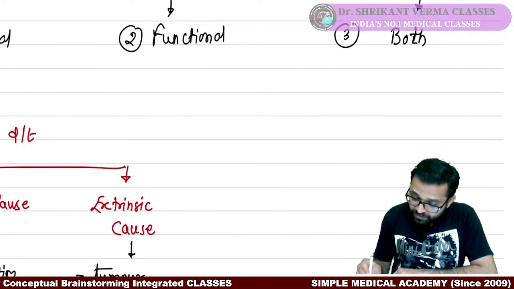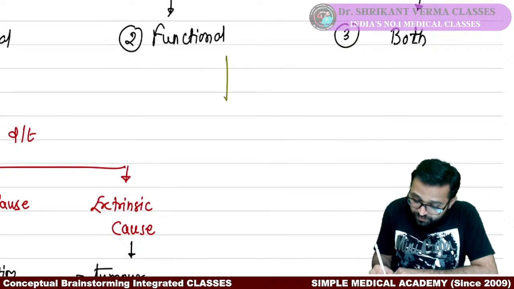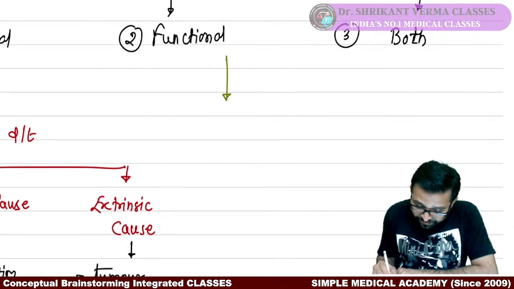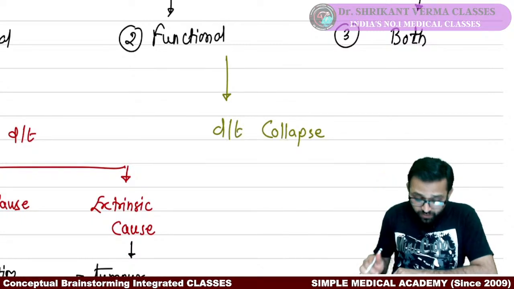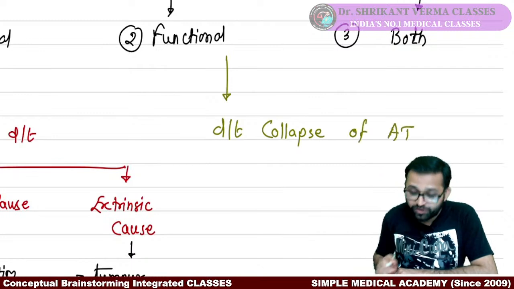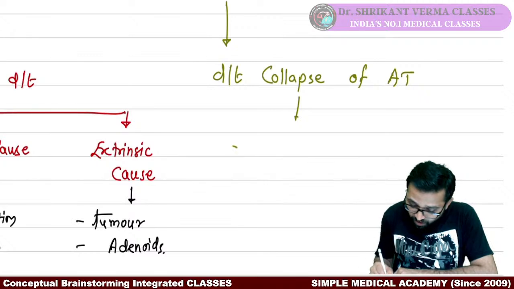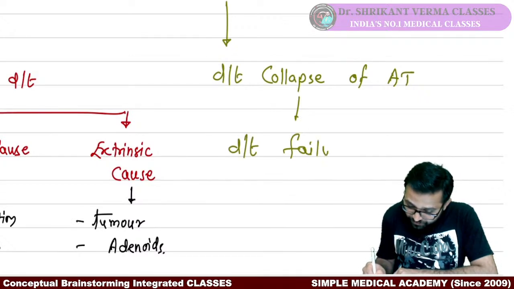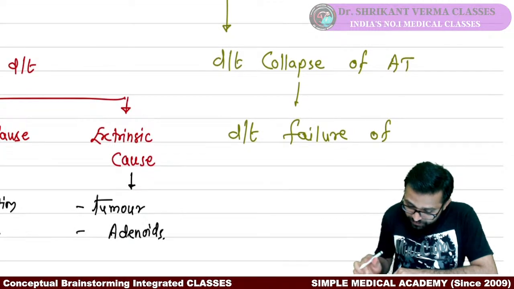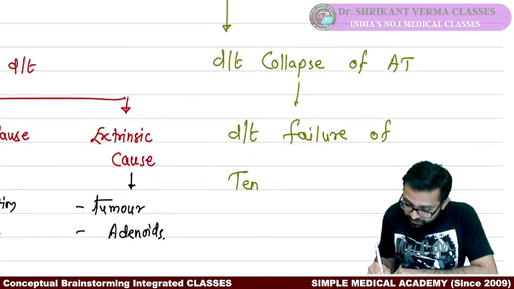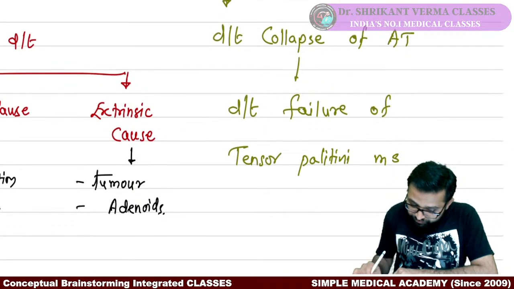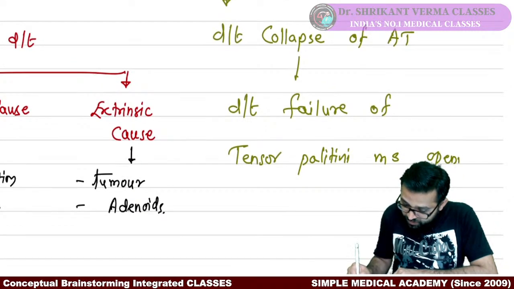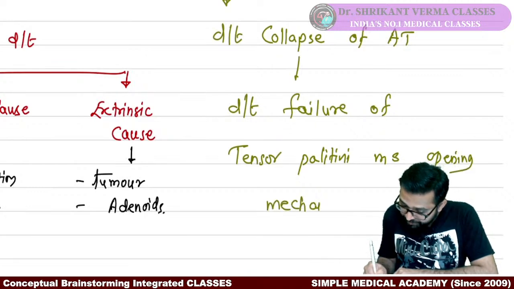Now try to understand what the different functional causes are. See here, it can occur due to collapse of the auditory tube. Now see here, it can occur due to failure of the tensor palatini muscle opening mechanism.